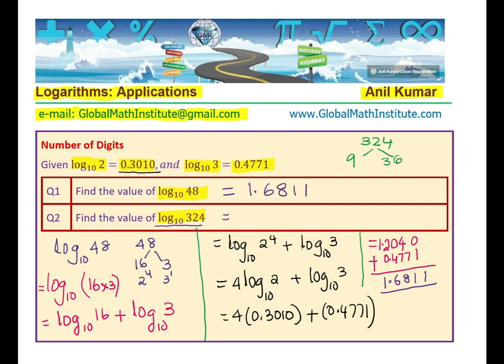So once you write this, 36 is again 9 times 4, and you can further split this as 9 times 4. And now you could write 324 as powers of 3, right? 9 times 9 is 81, and powers of 3. So you could write this as log to the base 10 of 9 squared, which is 3 to the power of 4, times, this is not a decimal, it's a product, 4 which will be 2 squared.